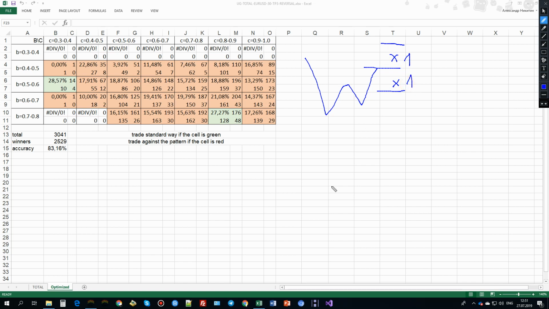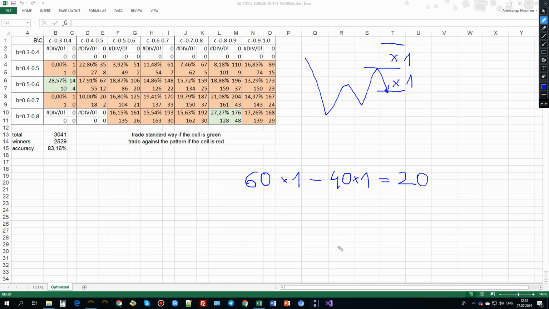So imagine that you have a 60% probability of a win and you trade it only this way. So imagine that 60 times you win 1, yes, and 40 times you lose 1. So your overall result is 20, yes.